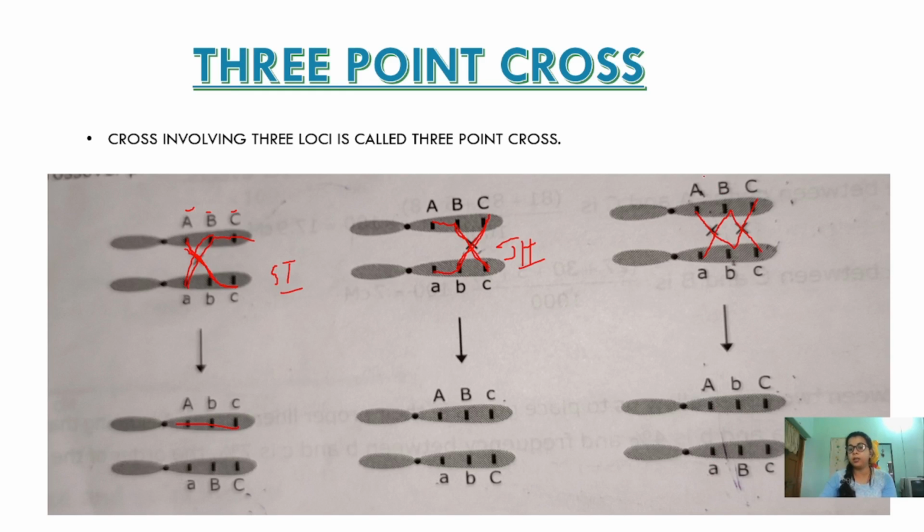And you can see here that in the parental type, the capital A, small a and capital C, small c remain the same in the progeny. But the change occurs only in the middle position. Okay, you can see here also, the capital B was present upside, small b was present downside. But here the change only occurred in this position. The rest, both extreme ends, remain the same.